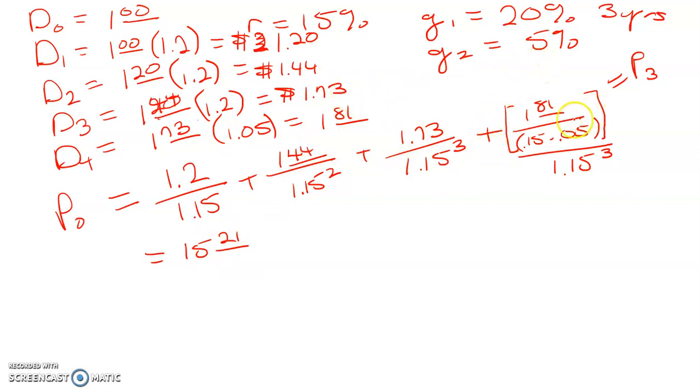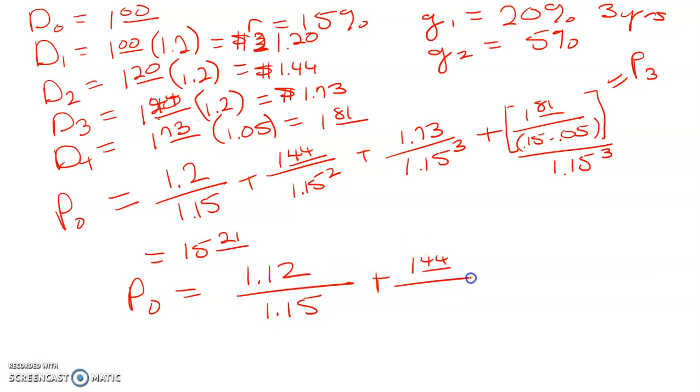So we can skip this step and shorten our equation. So P0 is going to be equal to 1.2 divided by 1.15. This is just like we started out the other equation, plus $1.44 divided by 1.15 squared.